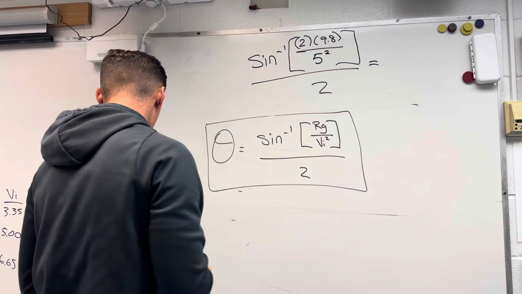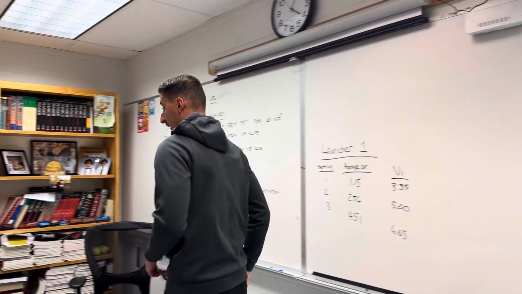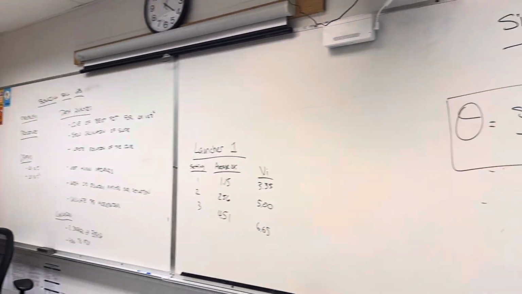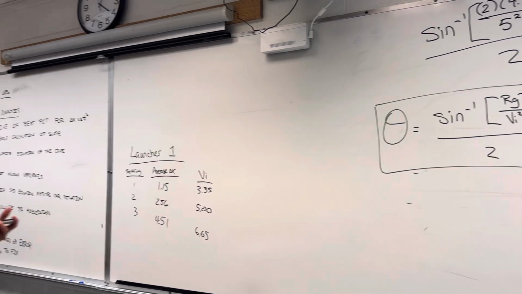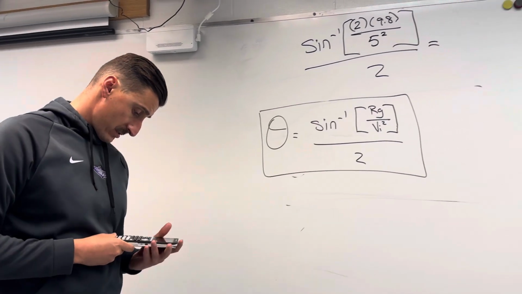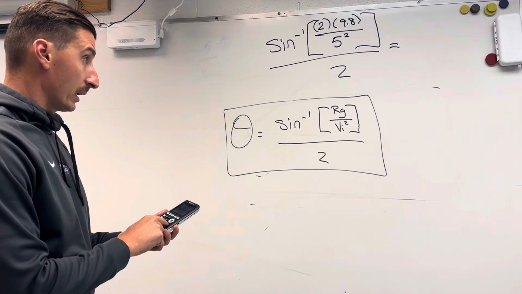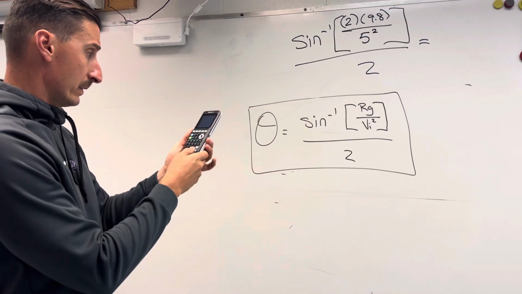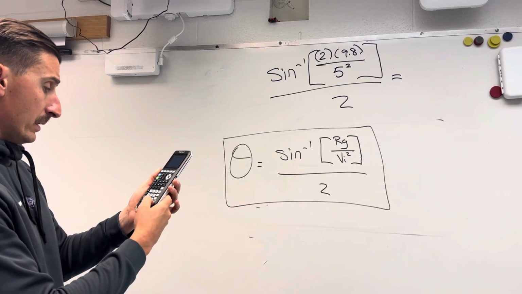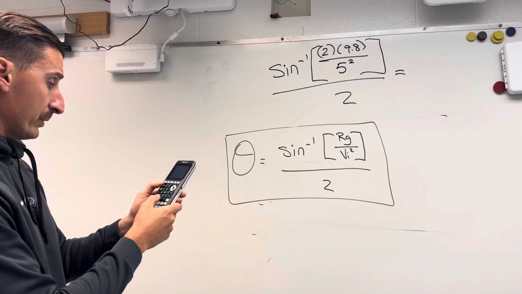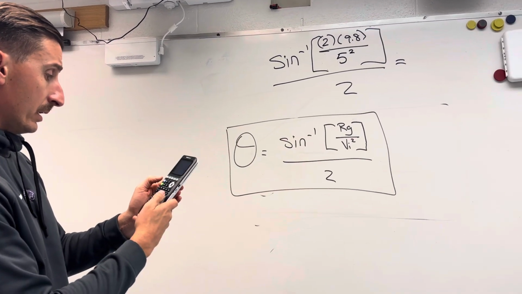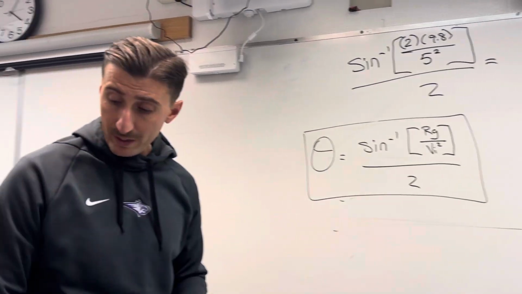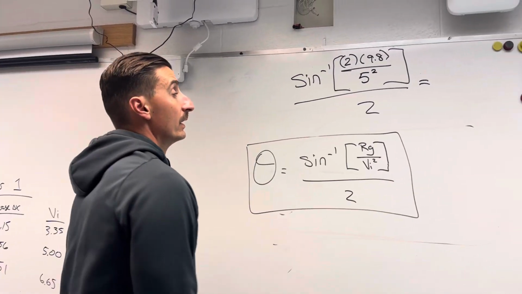When you do that, let me get a calculator real quick. I got 2 times 9.8 divided by 25. I'm going to do inverse sine, divided by 2. I'm going to get 25.8.